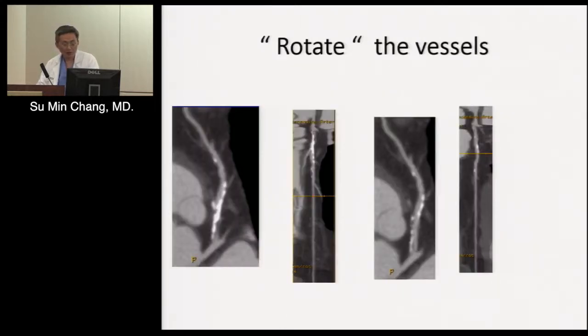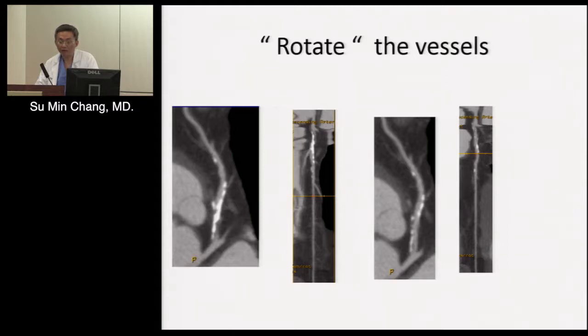So, as I mentioned earlier, a lot of calcium is eccentric. Okay, so you can actually rotate it out. You can rotate the vessel. You can look at it from different perspectives. It's like when you do the coronary angiogram in the cath lab, you look at it from different views. The difference from the cath lab is that here you have infinite views.